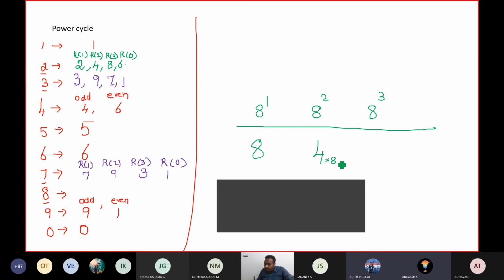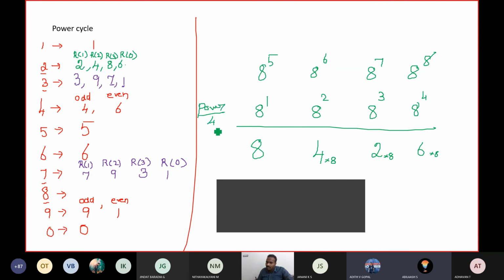Multiply this with 8. 8 fours are 32, 2. 8 power 4, don't worry. Multiply this with 8. 8 twos are 16, 6. 8 power 5, don't worry. Into 8, 6 8s are 48. You again get 8. So it goes on.